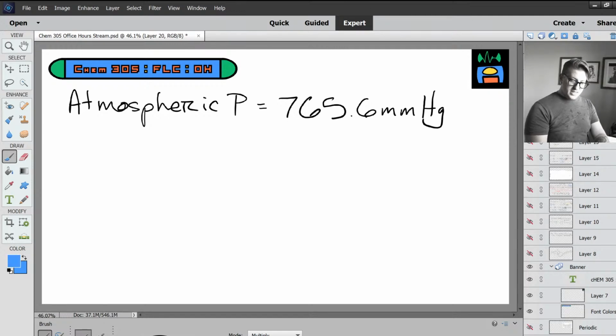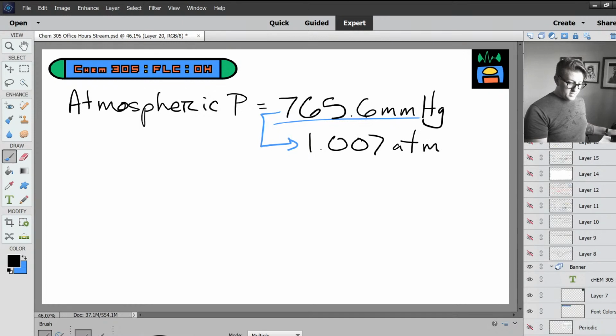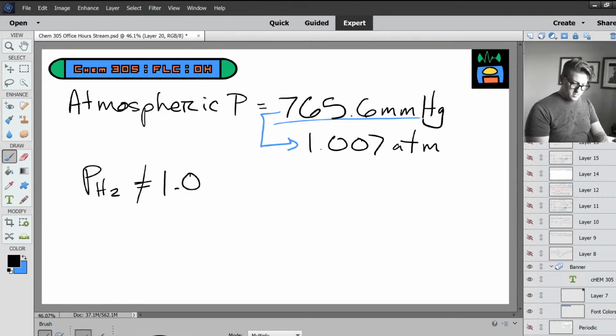If you convert this, it comes out to be 1.007 atmospheres, but this is not the pressure of hydrogen gas. This is the total pressure.